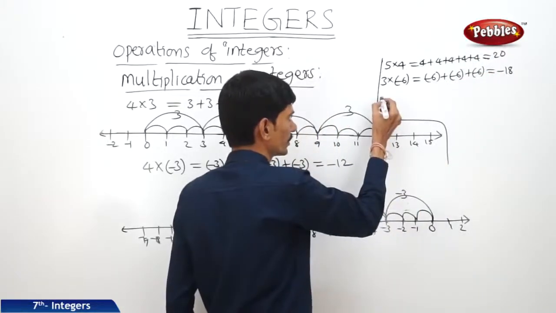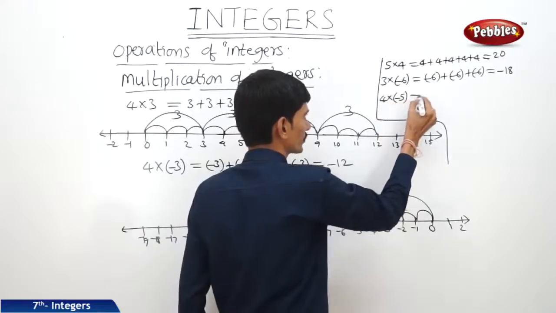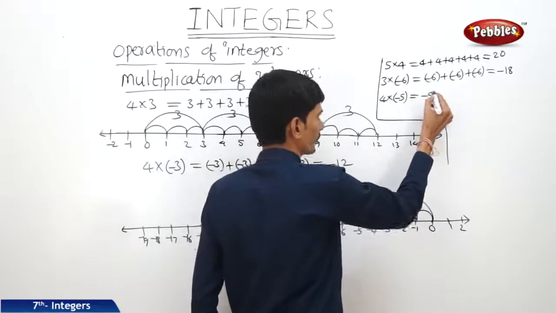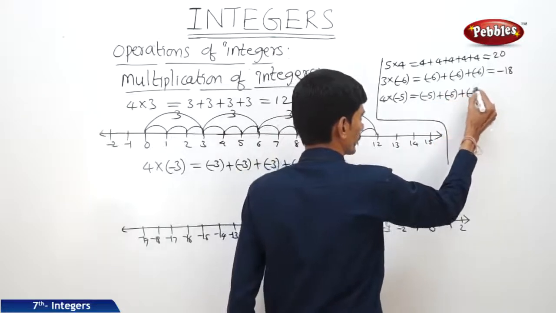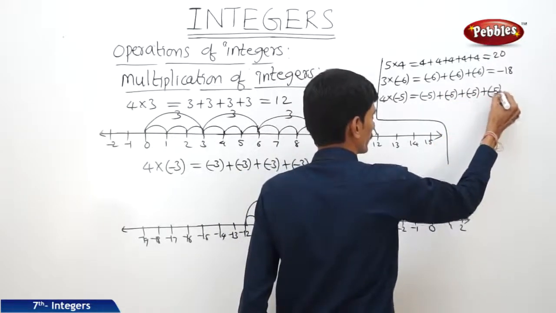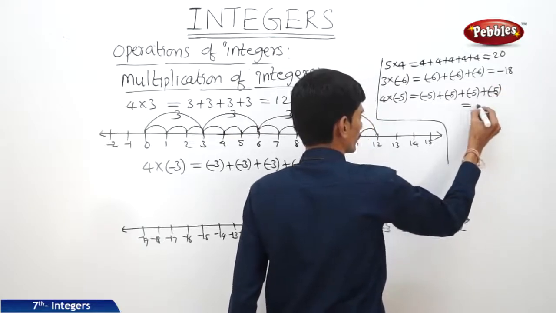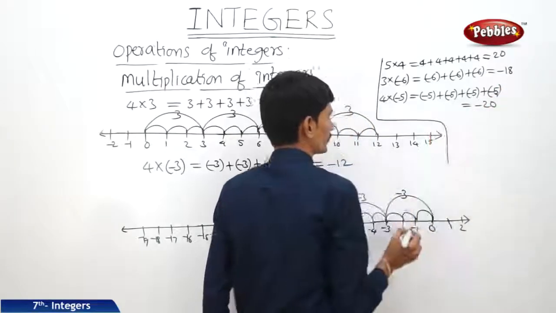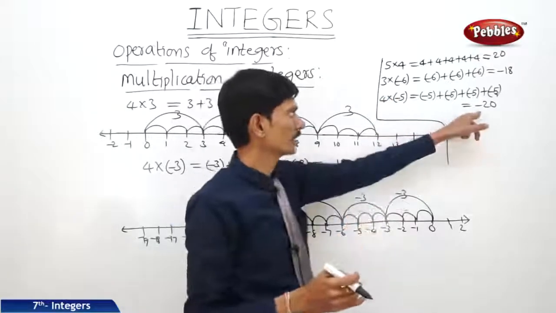Even you can take 4 into minus 5. Then we get minus 5 plus minus 5 plus minus 5 plus minus 5. So this equals minus 20. So here also the product of a positive integer and a negative integer is a negative integer.